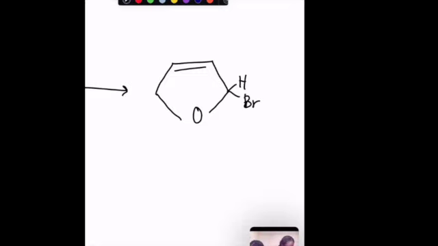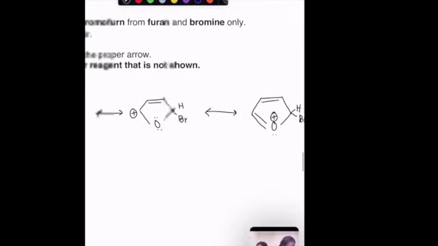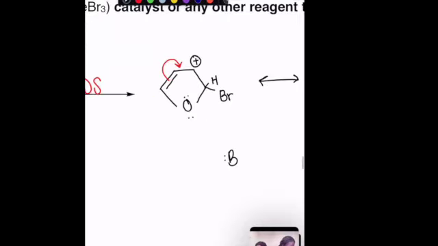So we can go ahead and form a double bond with that. We'll still have one of our lone pairs, but now this oxygen has a positive formal charge. So those are all the possible resonance structures that you can draw for that initial compound.